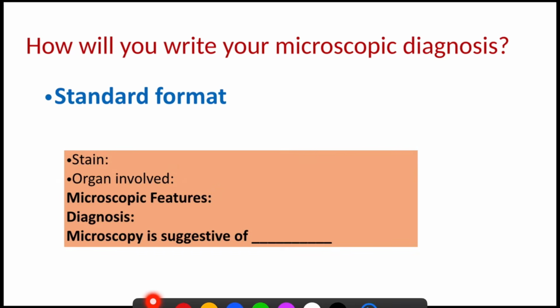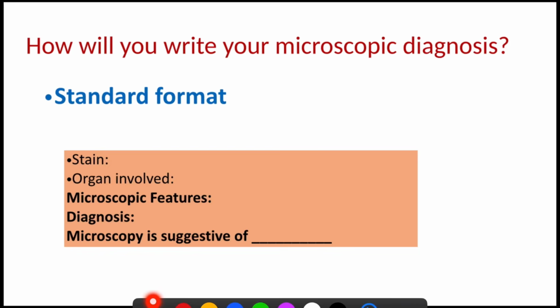Now when you have seen the slide thoroughly under all these magnifications, how will you write your microscopic diagnosis? This is the standard format. When you see the slide, first of all write down which stain you are seeing. Commonly the stain used in histopathology slides is hematoxylin and eosin.